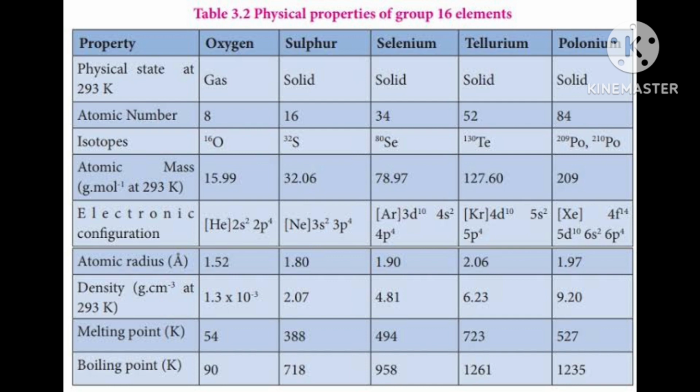The anomalous behavior of oxygen, like other members of the p block present in the second period, is due to its small size and high electronegativity. This is the main reason.